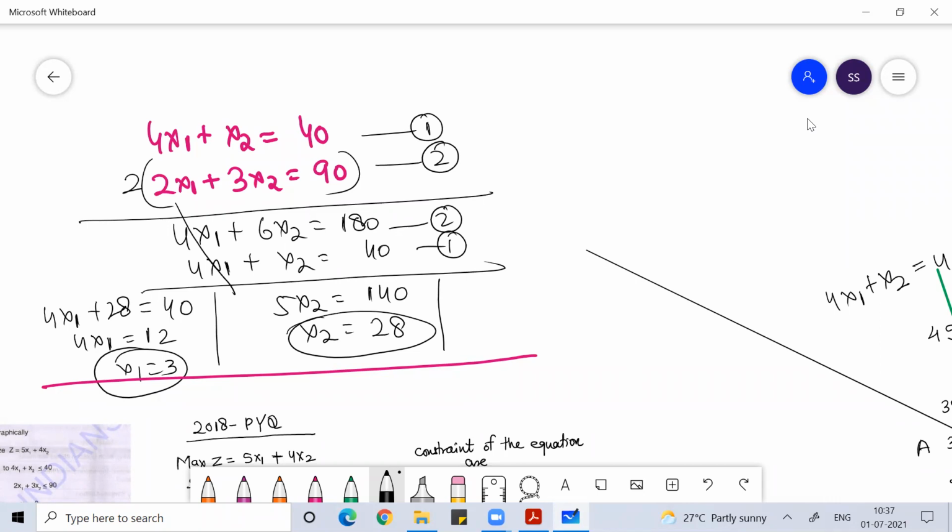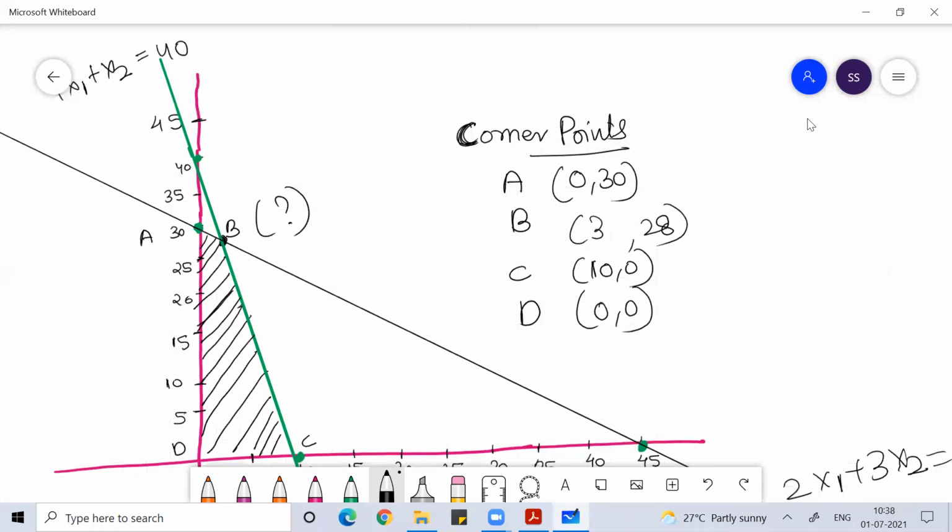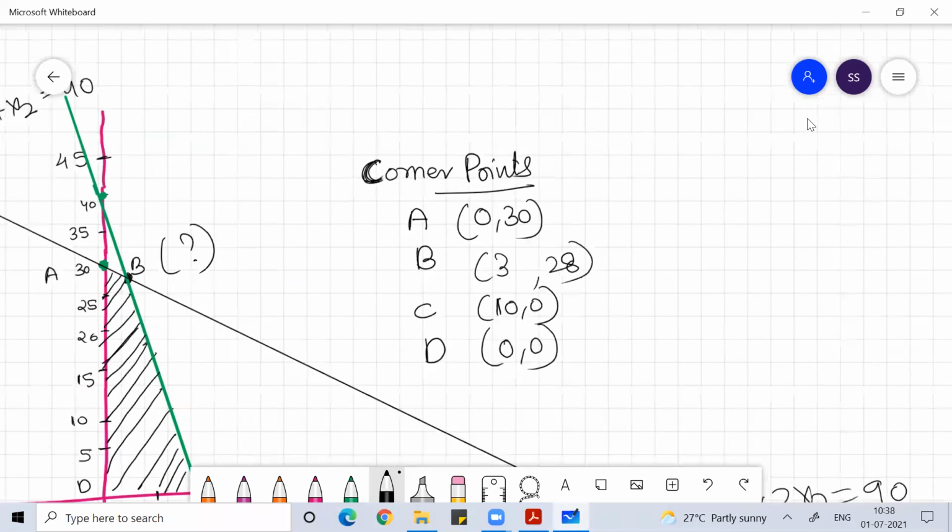Clear, everyone? So once you get this point, then what we'll do, we'll look into the objective function.